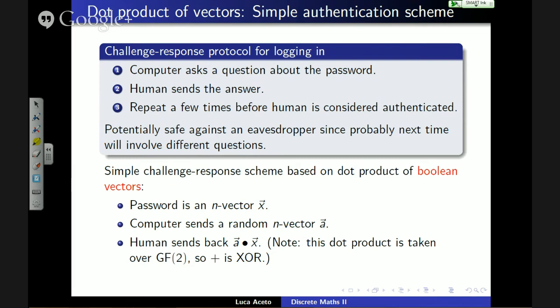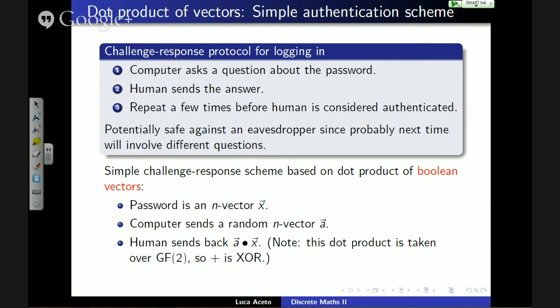You know, you can implement this stuff using dot product computation. Your password is going to be a vector of bits of length n, where n is going to be fairly long. 1 or 2 would not be satisfactory, I think. Anybody would guess sooner or later what you're using. But if n is long, now, what is the challenge that the computer sends you? The challenge is a random vector of bits of length n.